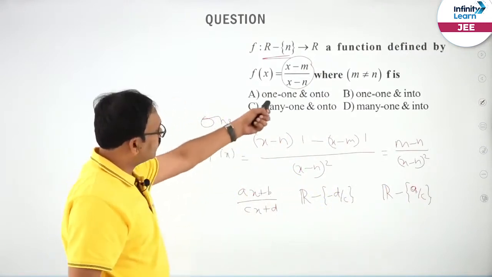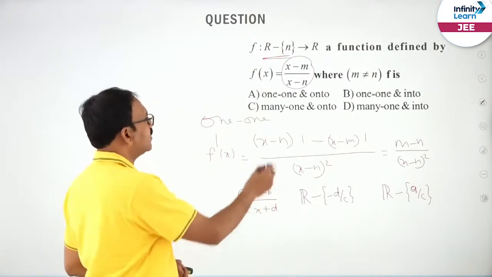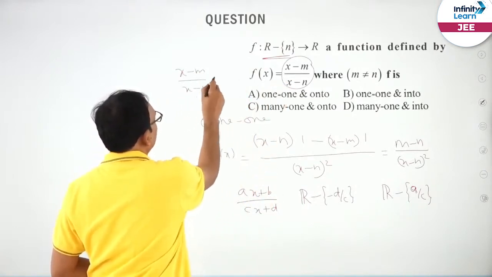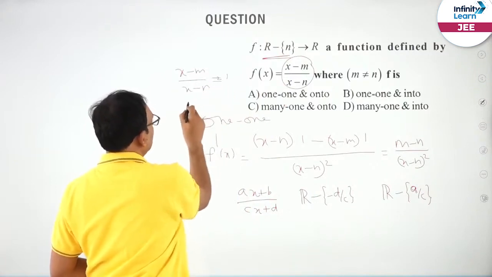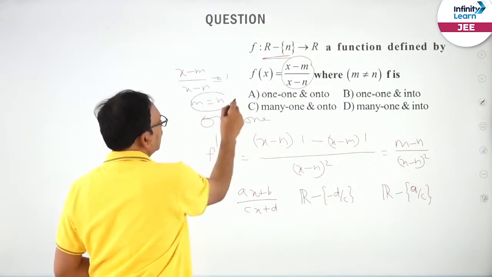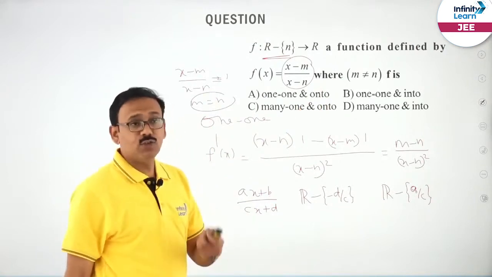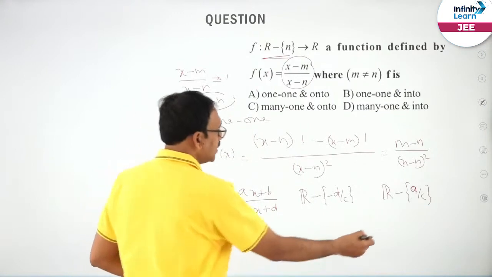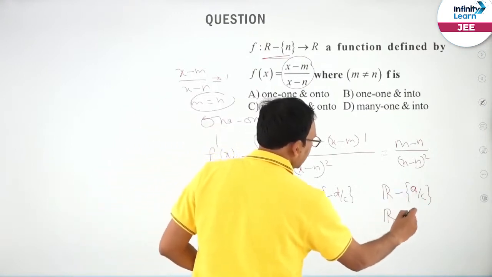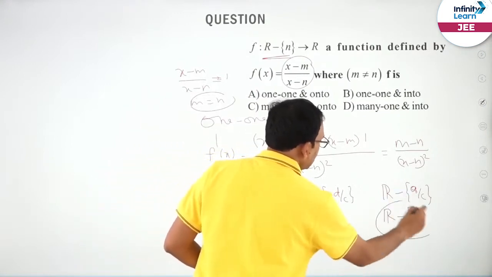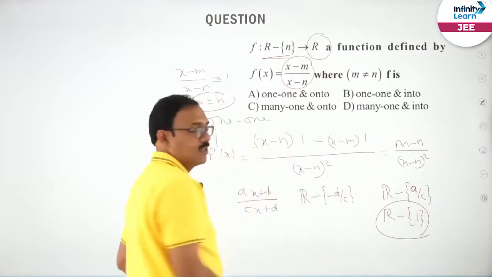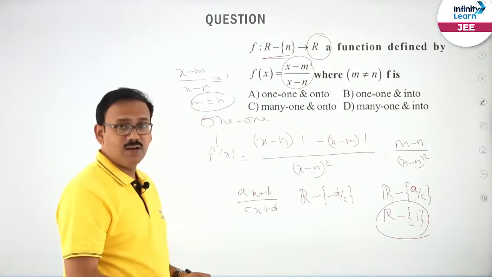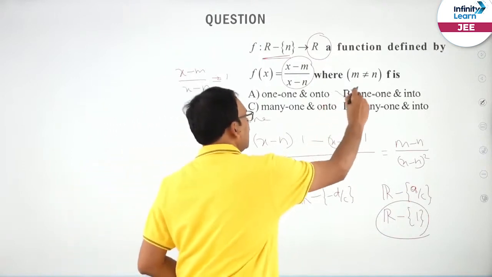So, the range of this function is going to be R minus singleton 1, because you will never get 1 as output, friends. If this is 1, you see what happens, m is equal to n comes, but m is different from n. So, you will get all real numbers as output except 1. So, this is the range. This means in this particular problem, this is the range, but it is given as R. So, range is different, codomain is different. So, this is 1-1 and into, option B is the right answer.